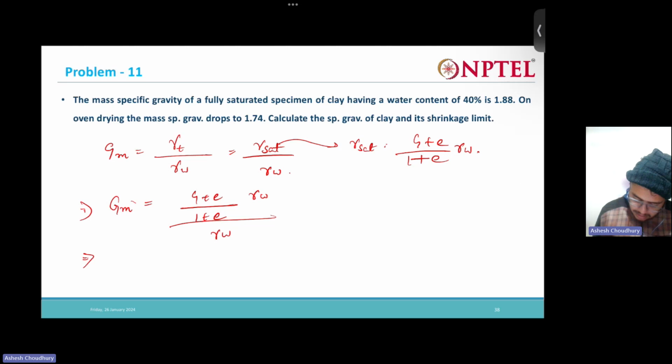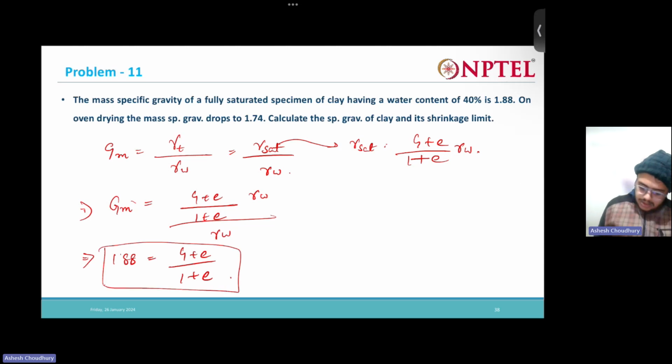The mass specific gravity is given as 1.88, so 1.88 equals G plus e by 1 plus e. This is one relation.